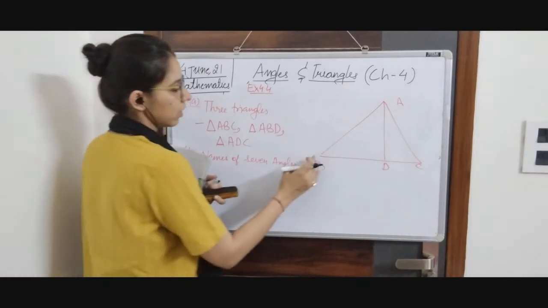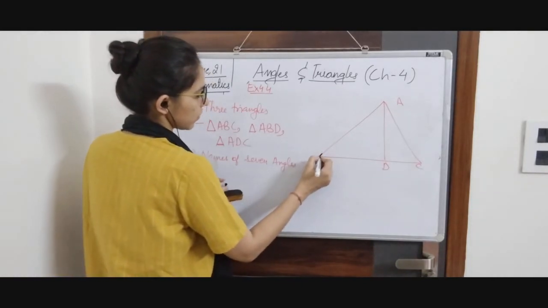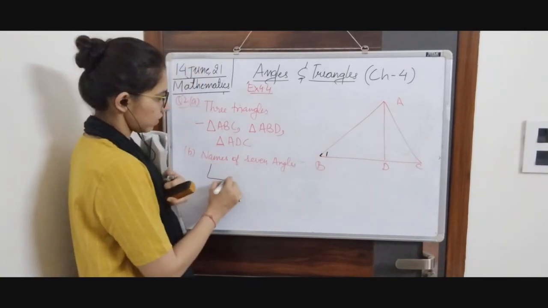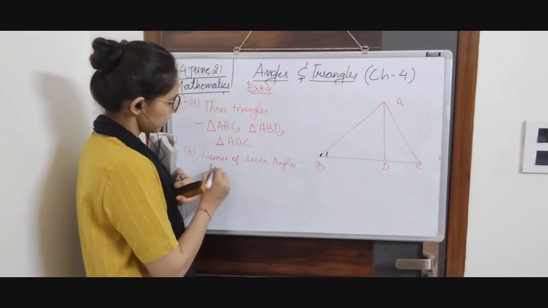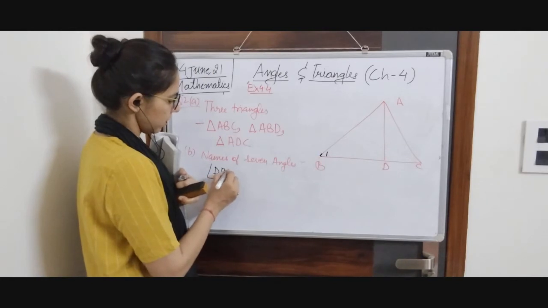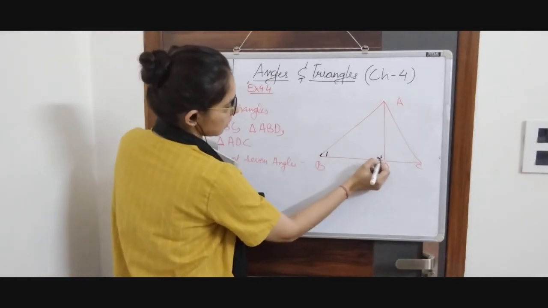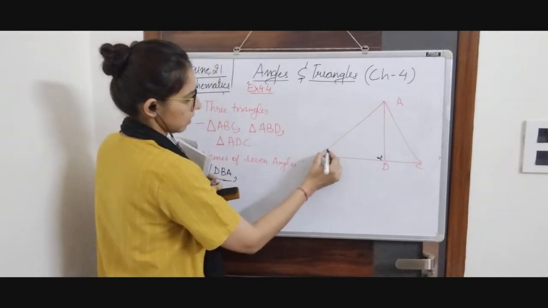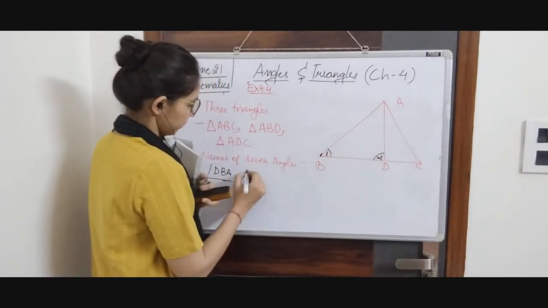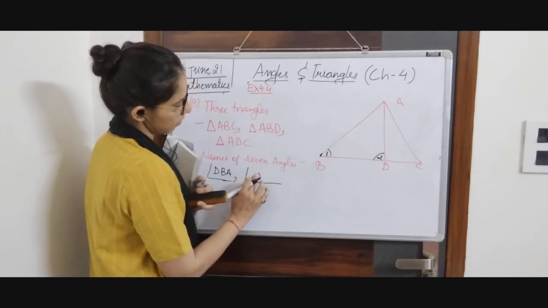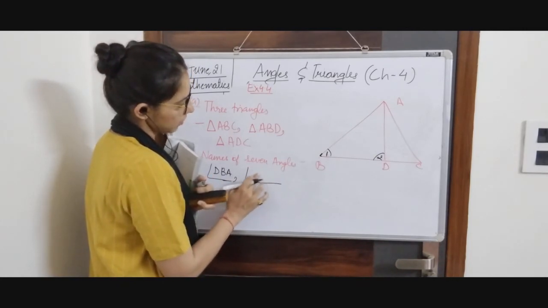First one we are starting from here. Okay? First one is this angle, angle 1, and you can name it DBA. Then the next one is this one. It is BDA, not D first, D will come in the middle.